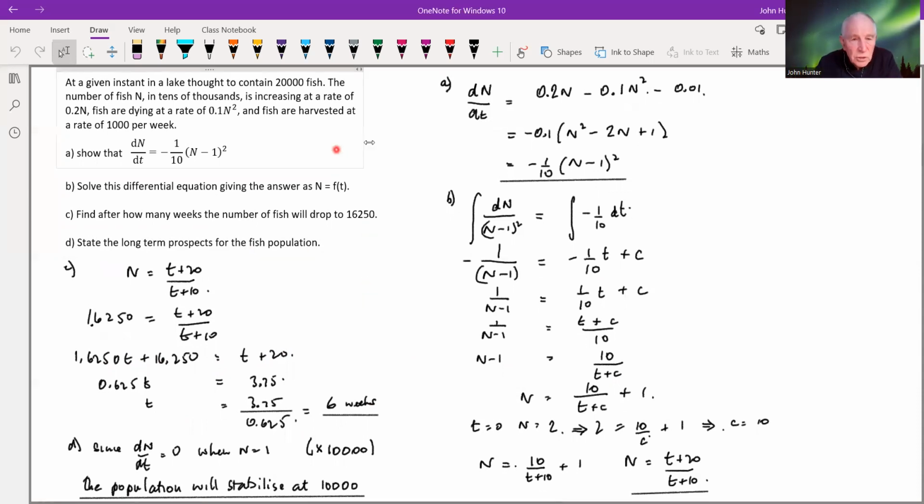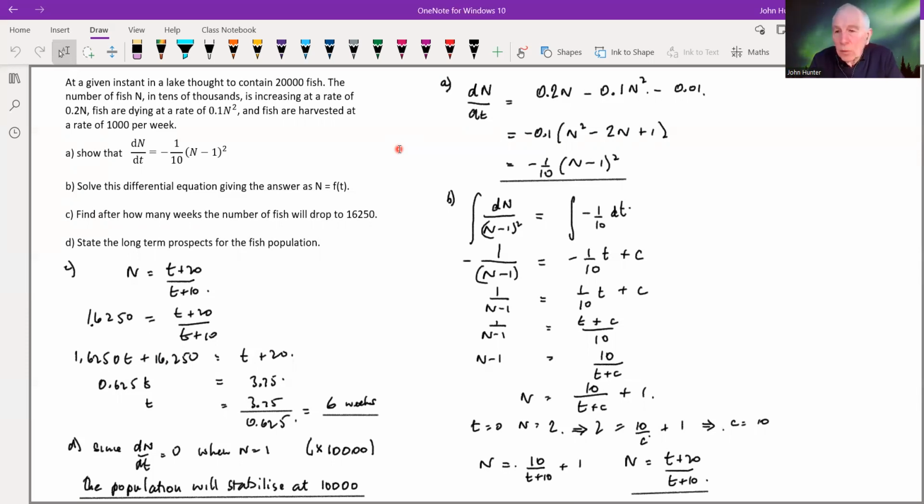Now if we go back to our original equation, I think the thing with this differential equation is that in this case it will give us an indication of when the population is unchanging. And if we look at when dn/dt equals 0, that's going to imply that n equals 1.